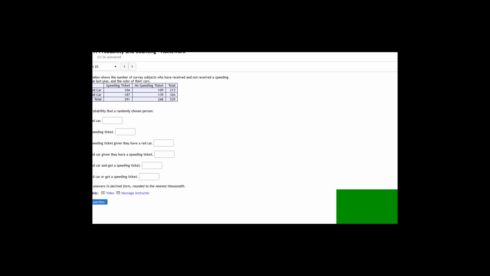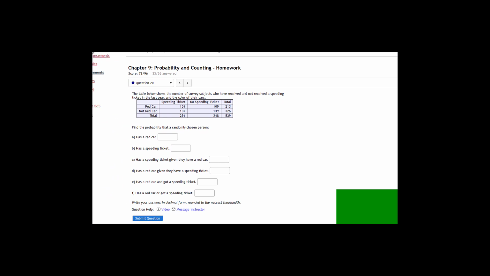Okay, now that I've done these problems, I'm going to input the information into MyOpenMath for question number 20. I'll move this to the side here, and we're in MyOpenMath.